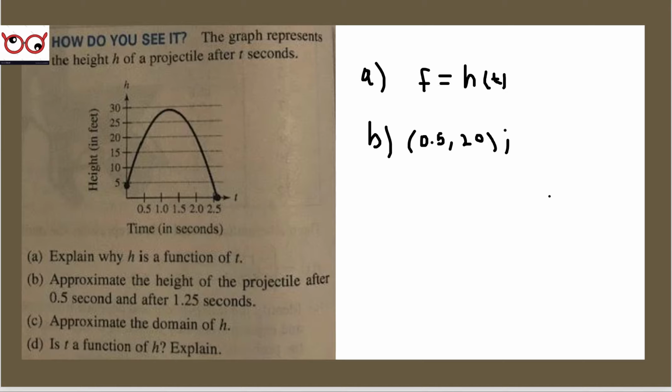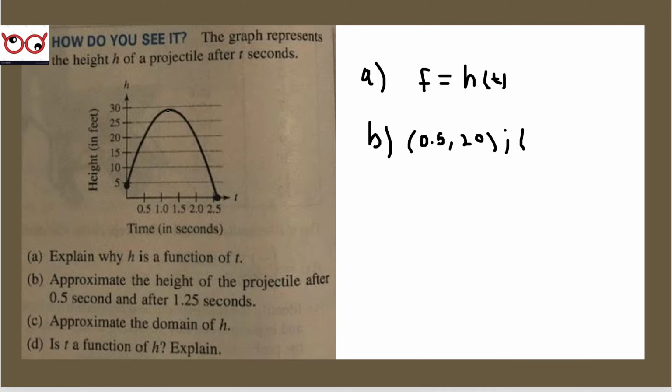And if I'm approximating here, it is a little bit hard. I can make a mistake because here is in a half. It looks to me like a maximum, and the maximum looks like 28. If I'm going a little bit in between, 1.25 is right here, in the middle. So it's 28, I would say.